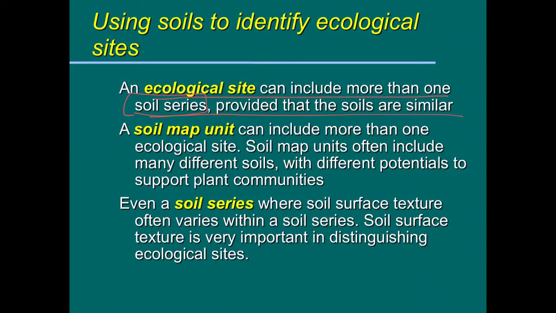You can have a larger soil map unit which contains multiple soil series and multiple ecological sites in that particular unit. So it is an interpretation and a bit of an art to understanding it. It's not a one-to-one correspondence, and that's why getting out in the field and actually taking a look at what sorts of plants are occurring where is really, really important.